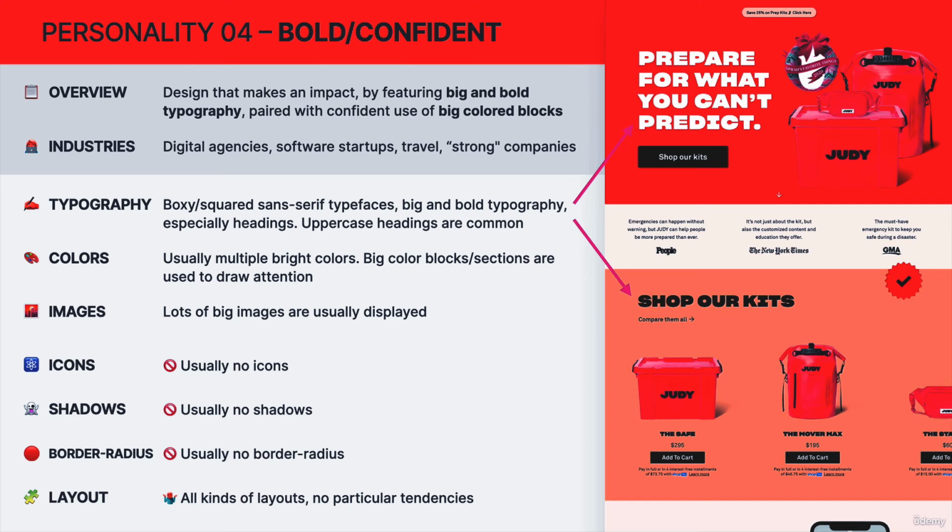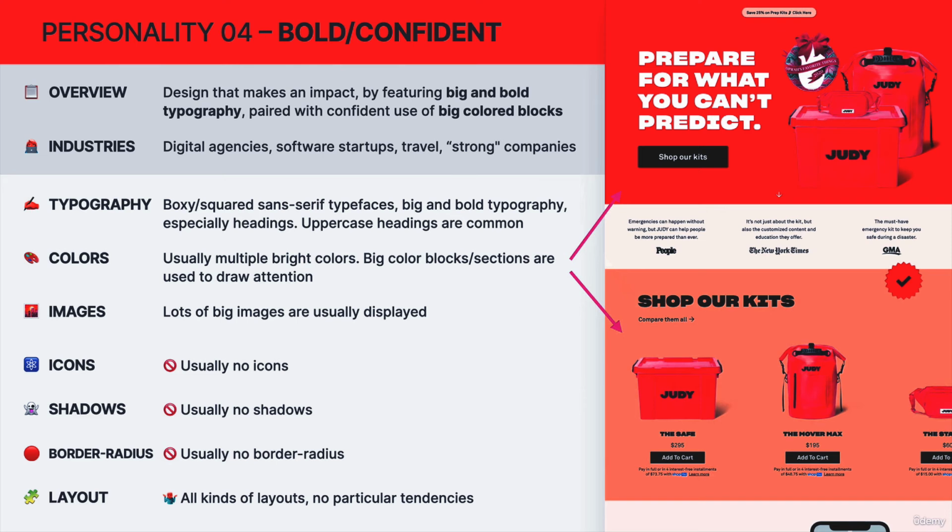Also, just as we can see in this example, big color blocks or big sections with a bright colored background are usually used to draw a lot of attention. And both these personality traits clearly display the boldness and the confidence of these designs. And the same thing is done by using lots of big images as well.